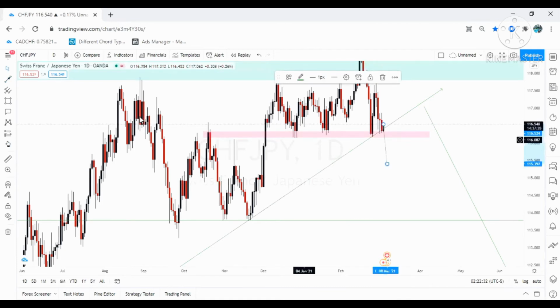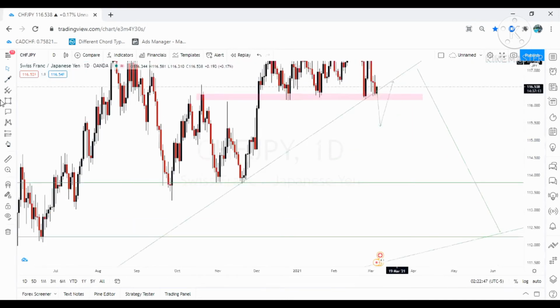So if the market breaks this level, like we're expecting it to, we should get a retest somewhere here, of course, rejection or what. And then eventually we're going to sell.